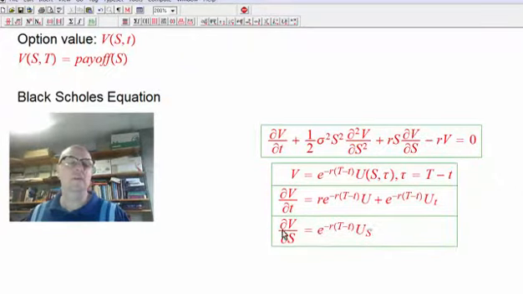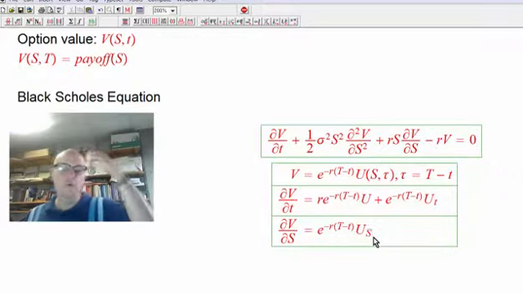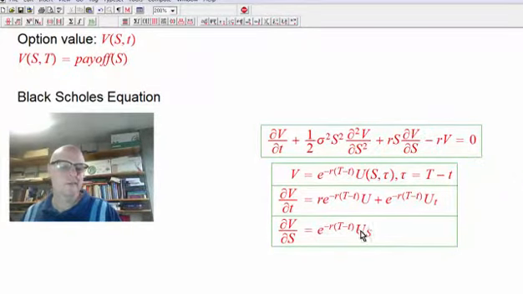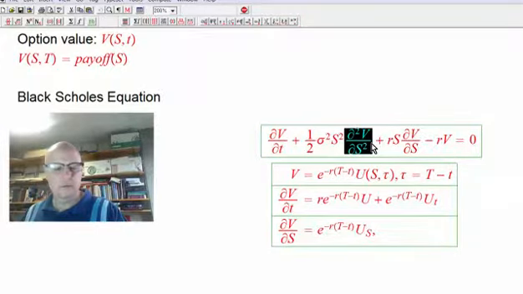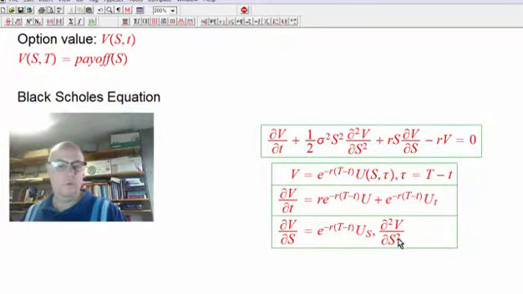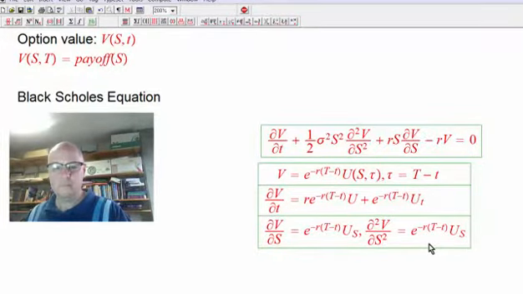Now I'm mixing my notation here. The subscript s on u means the derivative of u with respect to s. This is a more convenient notation. And likewise, our second derivative with respect to s is just going to be this with two s's.